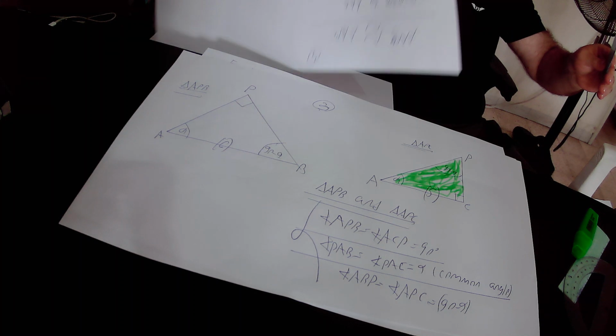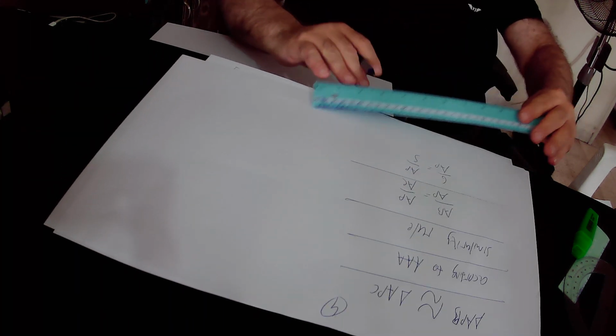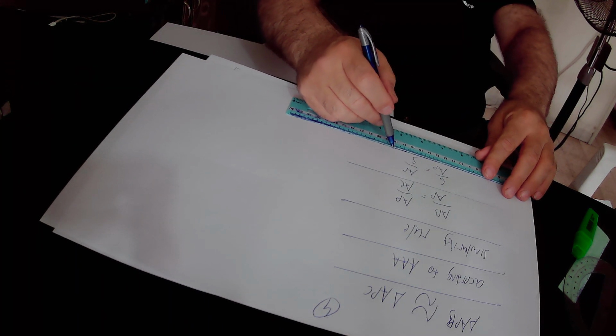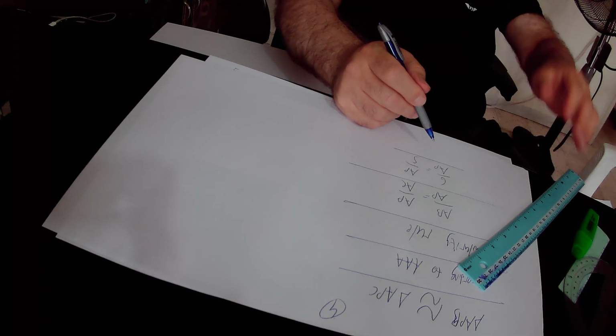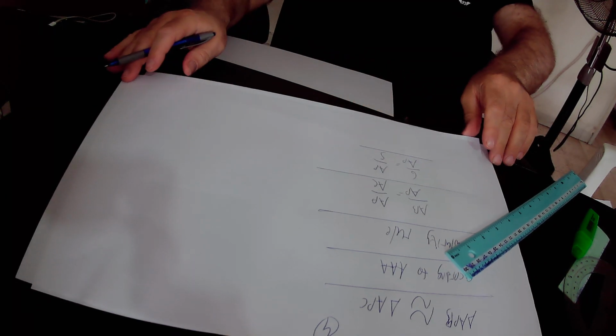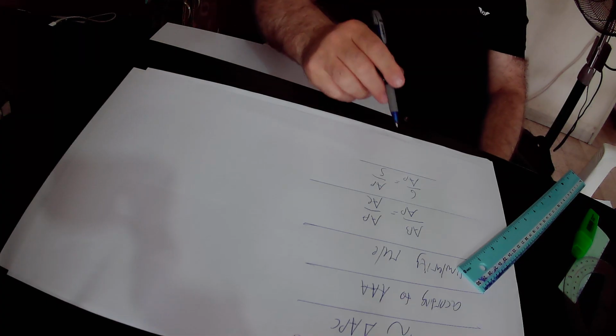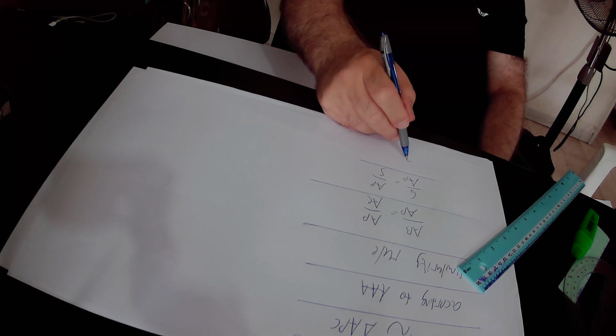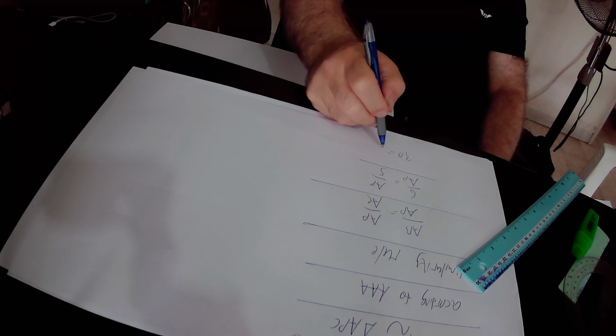In conclusion, we found out that 6 over AP equals AP over 5. Here we cross multiply this equation, and we get that 5 times 6 is 30, so 30 equals AP times AP, that is AP squared.